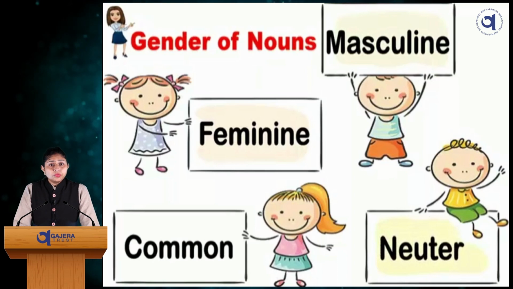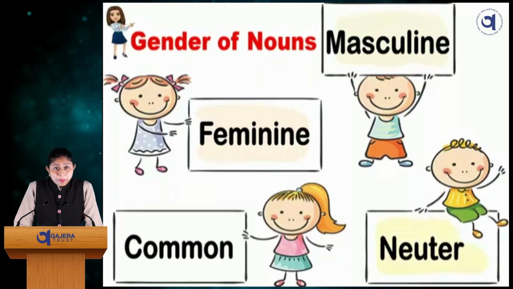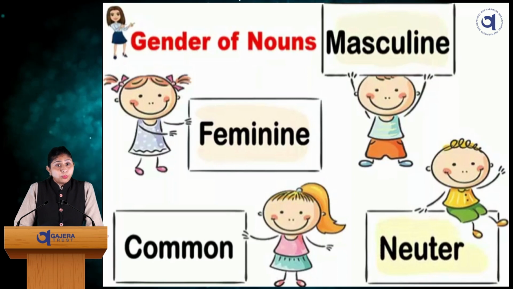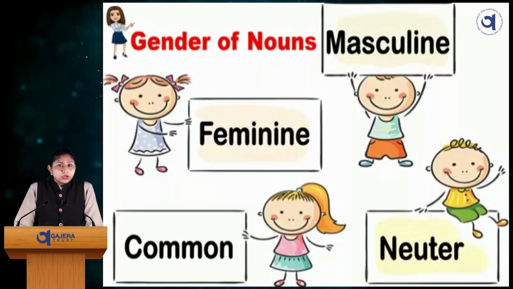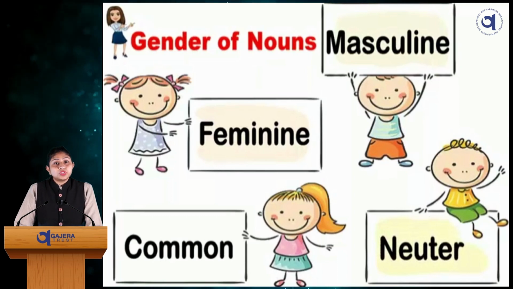Now, in terms of neuter. Students, when we are talking about a non-living thing, that is ball, bat, you have to give me the answer. Ball comes in which gender? Can you guess the answer? No? So here the ball and bat come in the neuter gender.